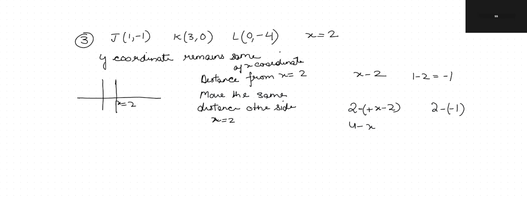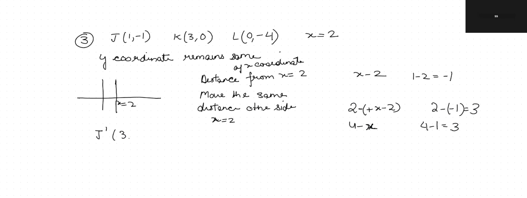Okay, so it will be 3. Or we say 4 minus x, so 4 minus 1 will be 3. So j dash we get as, y coordinate remains same, and this becomes (3, negative 1).